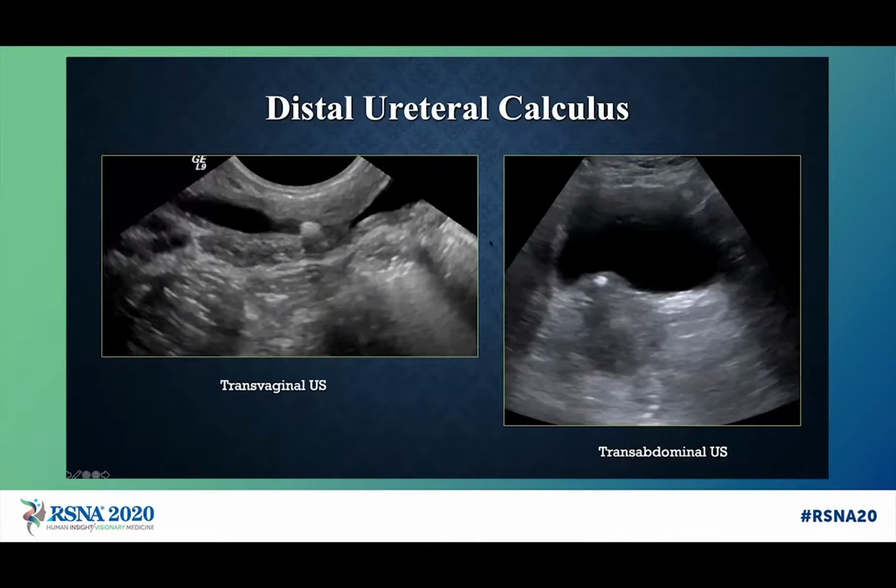Another diagnosis to keep in mind in patients that present with pelvic pain is renal colic. And we can use both the transabdominal or transvaginal scan to identify the distal ureteral calculus, which can be very well seen on either modality. Here on the right, we see the stone at the level of the right ureterovesical junction, and it can be easily seen as well on the transvaginal scan.